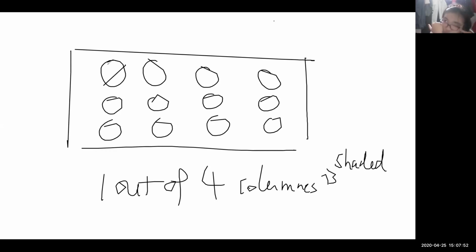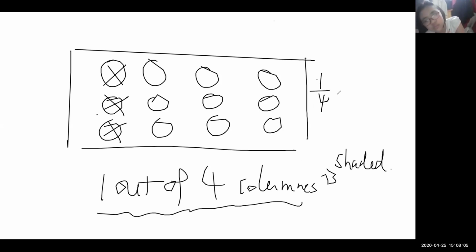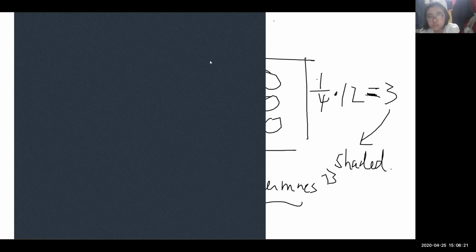So just now you shaded this one, right? So 1 out of 4 columns, what's the fraction? 1 over 4. What's the total here? 12. So what do you get? 3. So in this case, 3 are shaded. So let's compare these two.